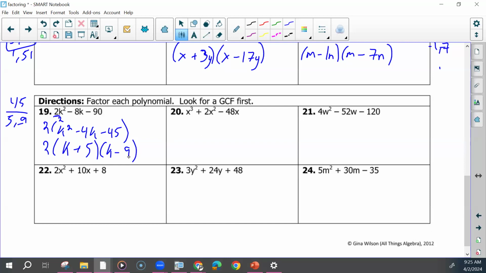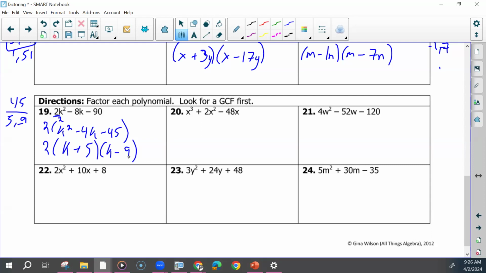If this one has a GCF, what would those have in common? It may not be a number. It's the variable x.